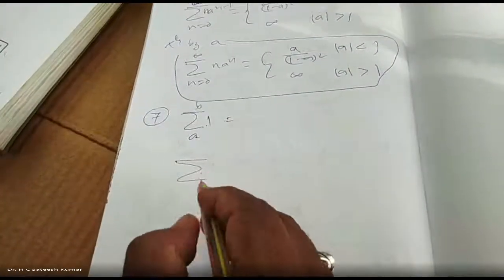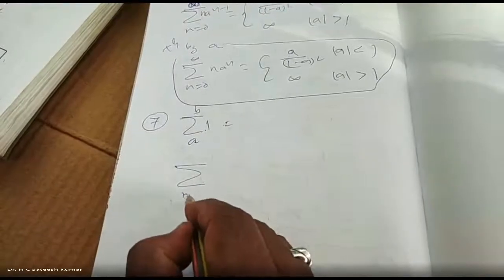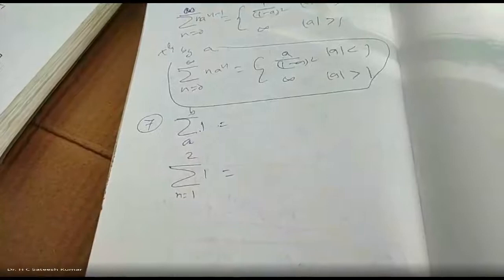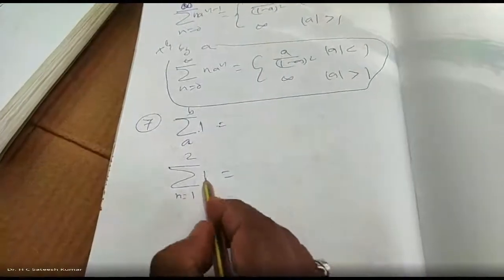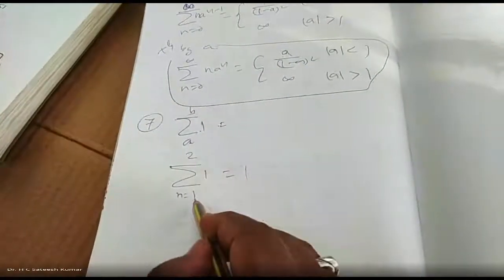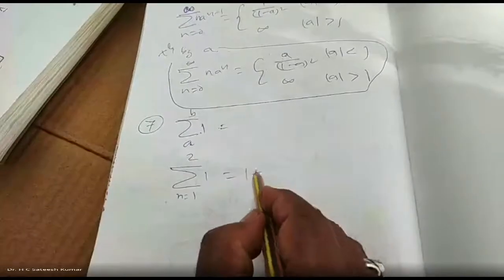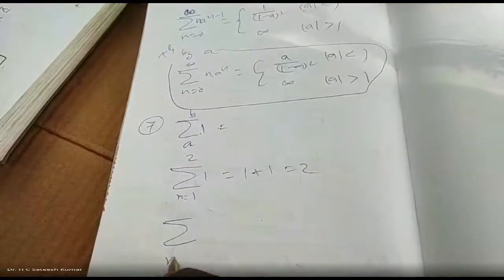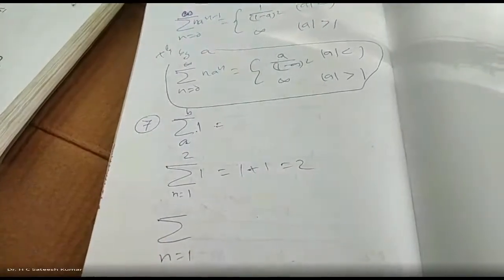Summation n varies from, let us say, 1 to 2. For n equal to 1, the value is 1. For n equal to 2 also its value is 1 only. Therefore the sum is 2. Now n varies from 1 to 5.